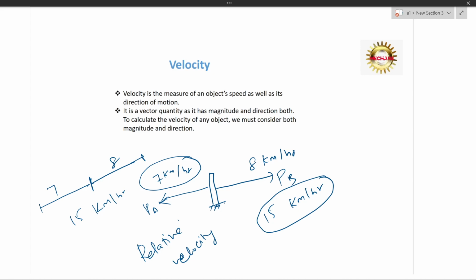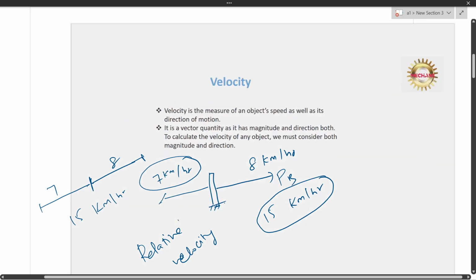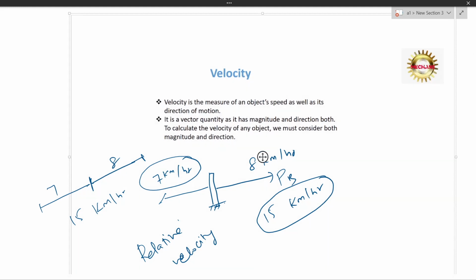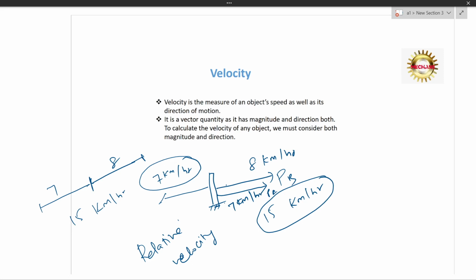If they are moving in the same direction, see for example, if person A moves in this direction at 7 km per hour, we need to subtract the velocities, because after 1 hour person B would reach 8 kilometers from here and person A would reach 7 km.